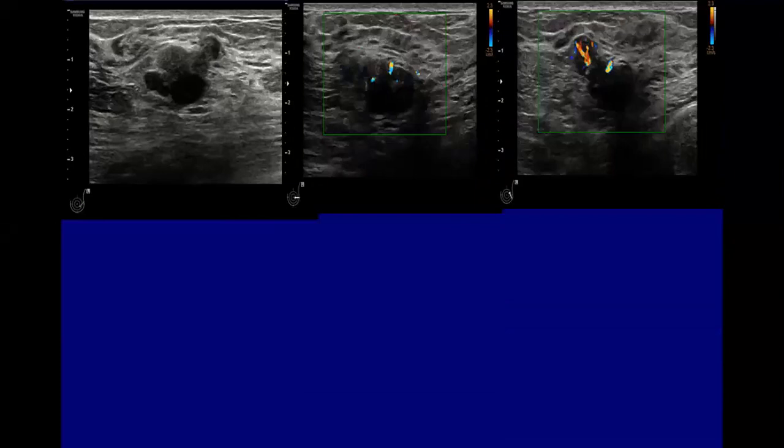When we use Doppler, so this is not a complicated cyst. If we look at it here, we might even see this part as inspissated debris sometimes within a cyst, because it is so homogeneous. But when we put the color Doppler, this part is highly vascular.